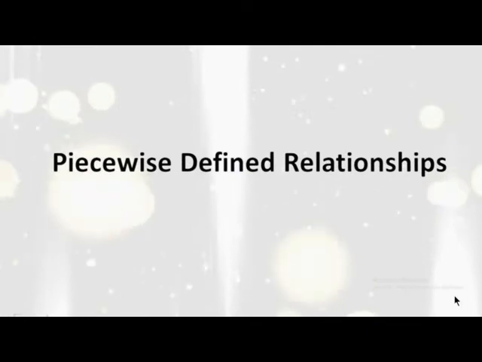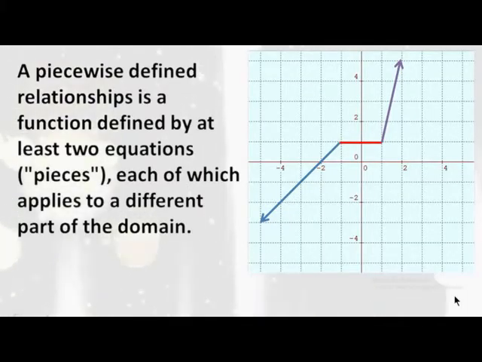Piecewise defined relationship. A piecewise defined relationship is a function defined by at least two equations or pieces, each of which applies to a different part of the domain. What is domain? Domain is all the numbers on the x-axis, and then this is the piece of this piecewise defined function.